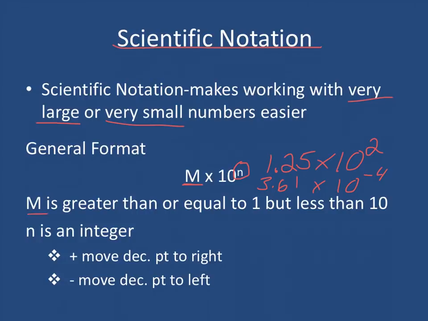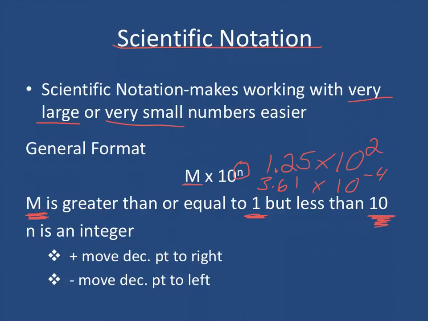That m, that first number there, has to be greater than or equal to 1. It can never be less than 1. But it has to always be less than 10.